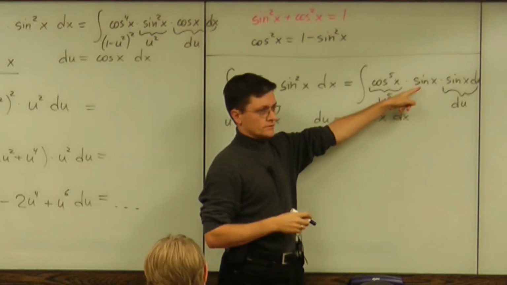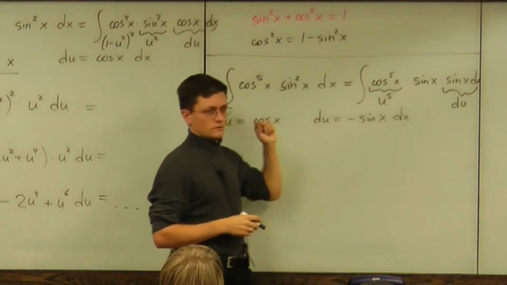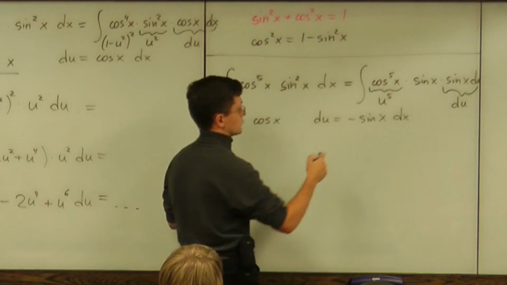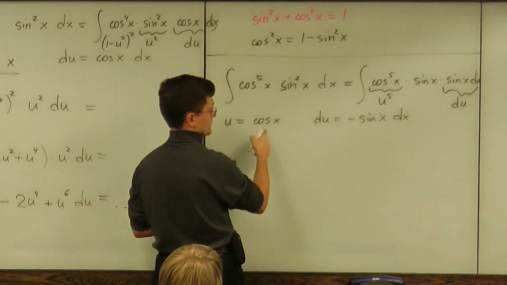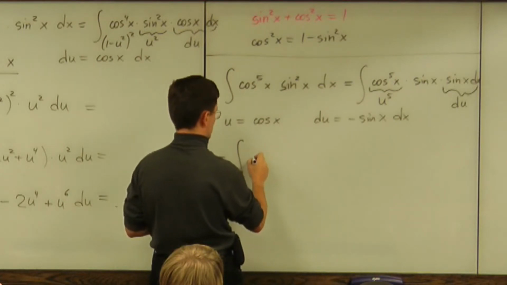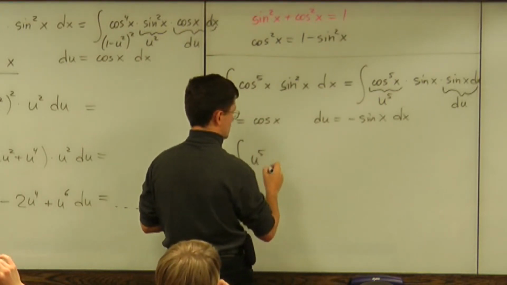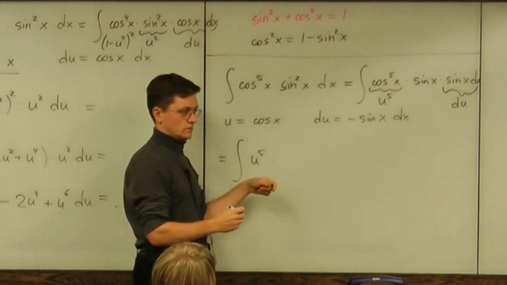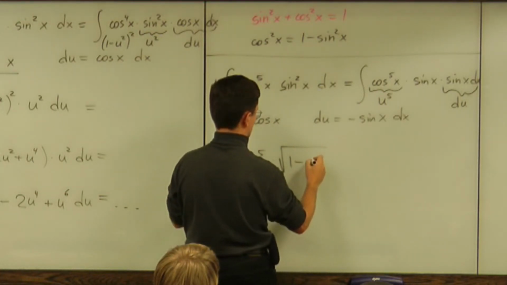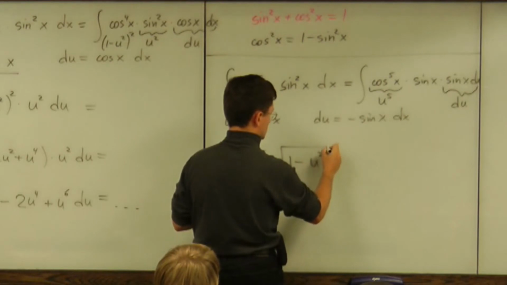Now the problem here is that sine is in the power 1. And that means if I want to solve for sine in terms of cosine, I will have to use a square root. It will be the square root of 1 minus cosine squared.